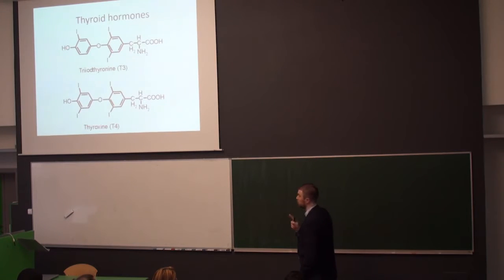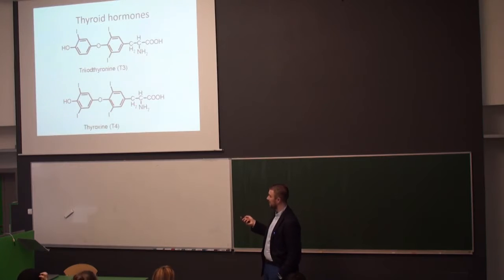And I can tell you that thyroxine is the precursor for triiodothyronine, since in some peripheral tissues you will cleave this iodine off and you will produce the fully potent thyroid hormone, triiodothyronine.